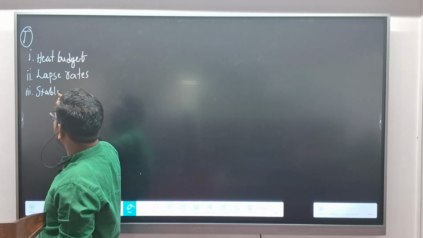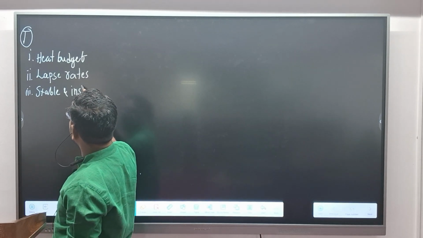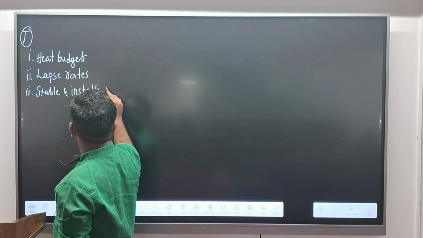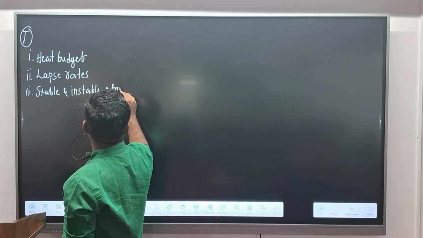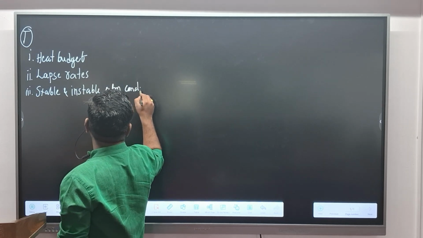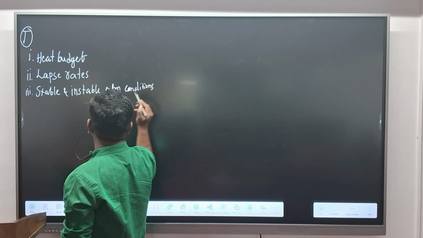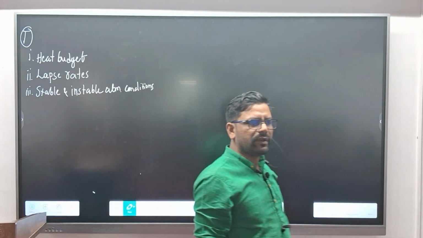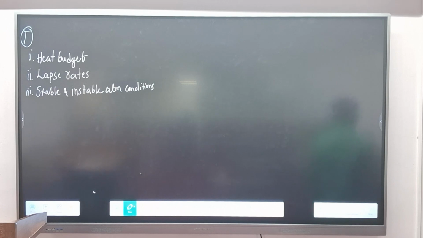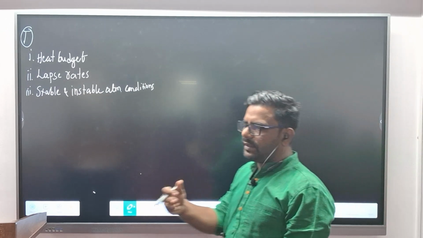Stable and unstable atmospheric conditions. Now tell me which is actually very important for us and which is good: unstable. And why, on what basis do you say unstable is good?